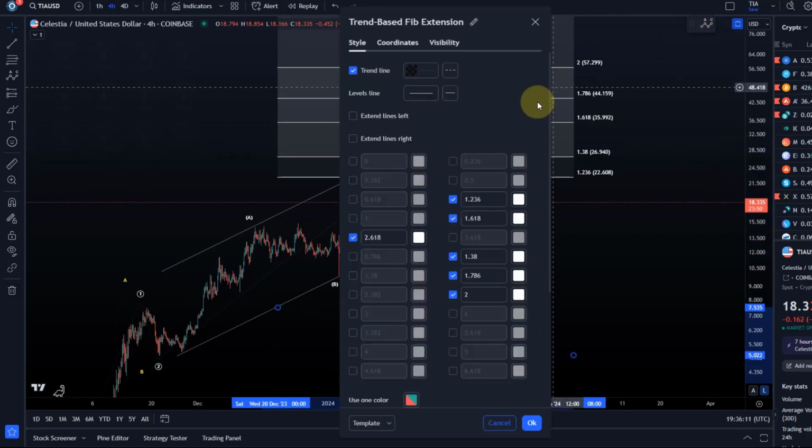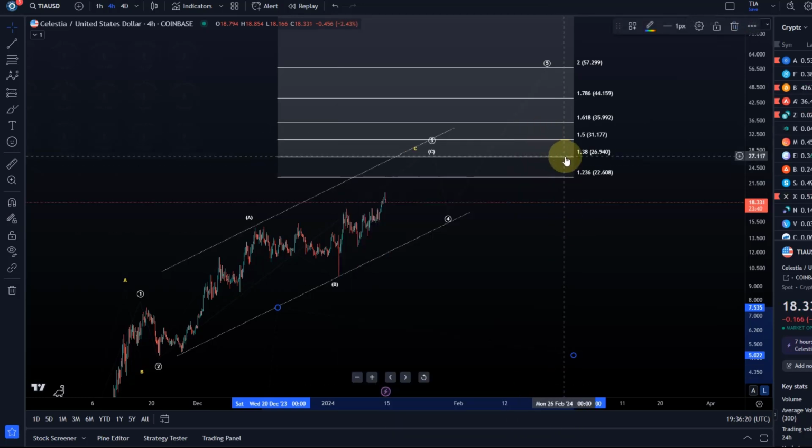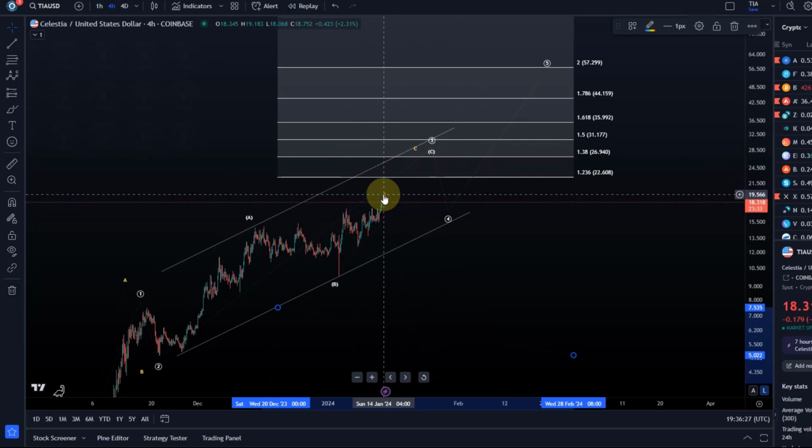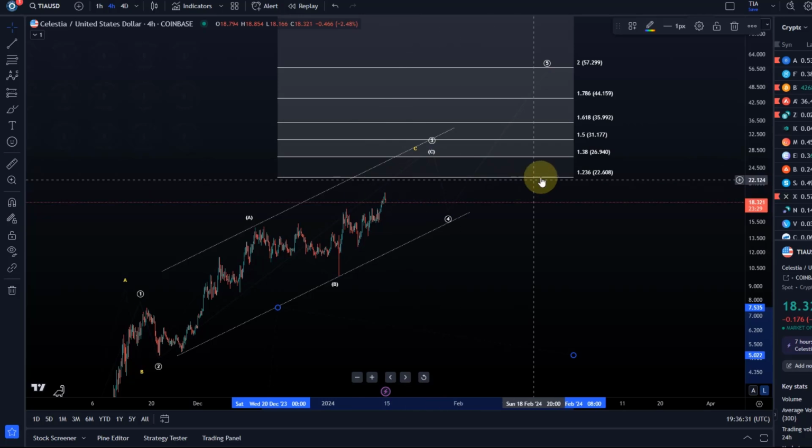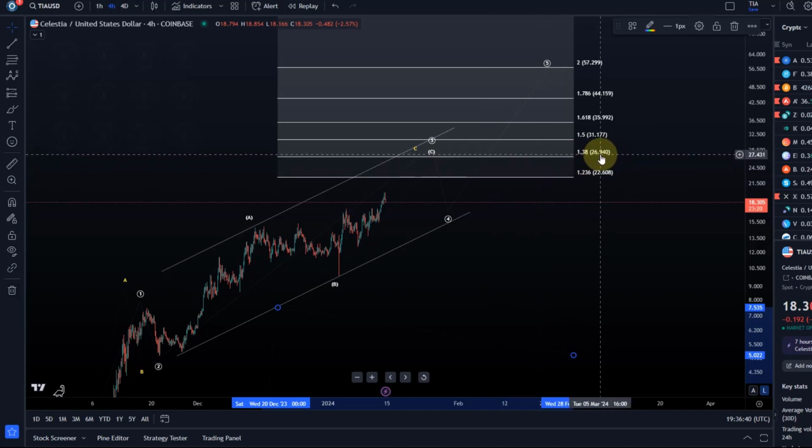Sometimes it makes sense to add the 1.5 extension as well. It's not such a common one, but occasionally they react to these. Just putting that onto the chart because the 1.38 and the 1.618 are quite far away from each other. But if the price pushes above today's high, which was at around $20, the $22.61 level and then $26.94 are the next targets. Typically, the 1.38 extension at $26.94 would be an ideal target for a 3rd wave.